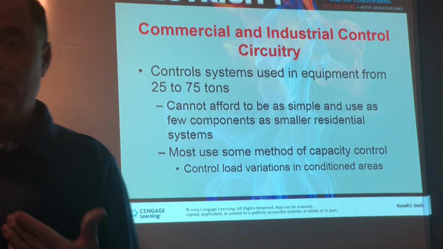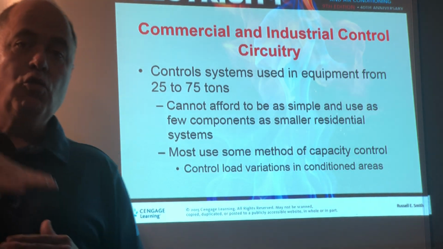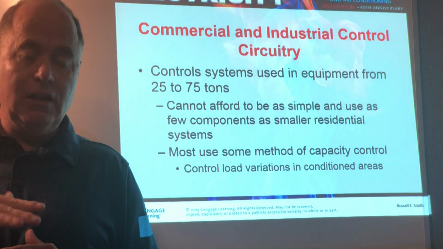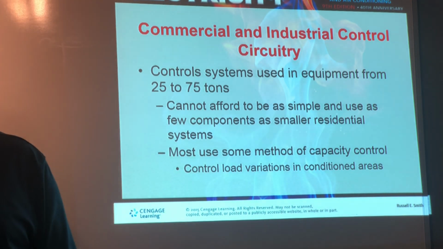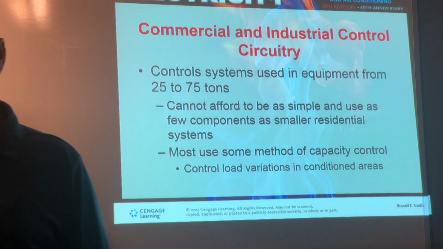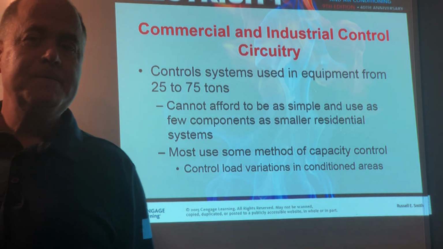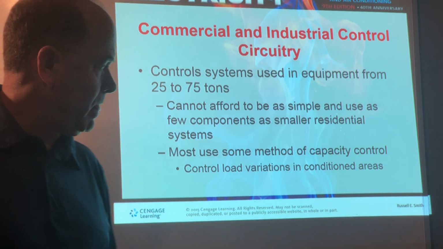We have things like variable frequency drives and ECM motors, very efficient, that can speed up and speed down to control the capacity of all these electrical loads. We also have, on older centrifugal chillers, vanes that open and close, things of this nature.